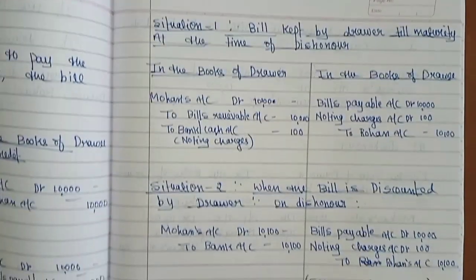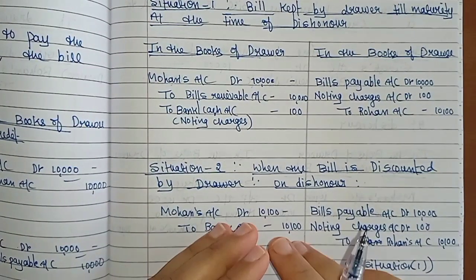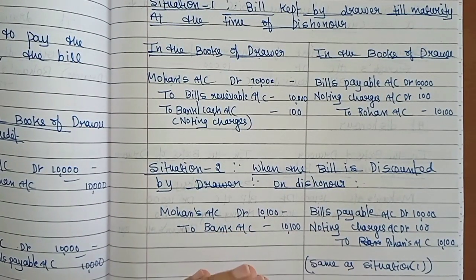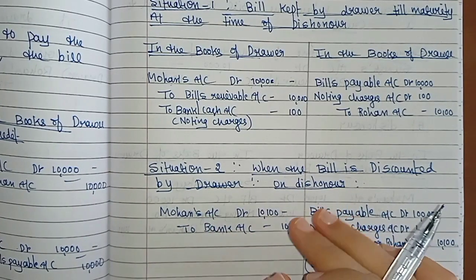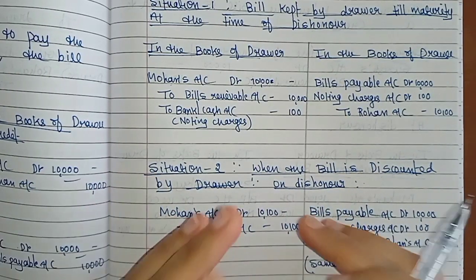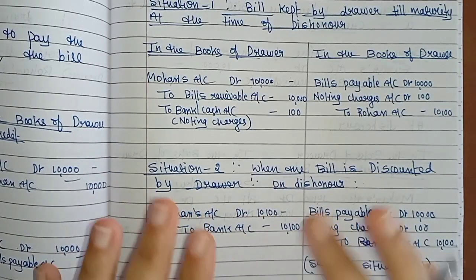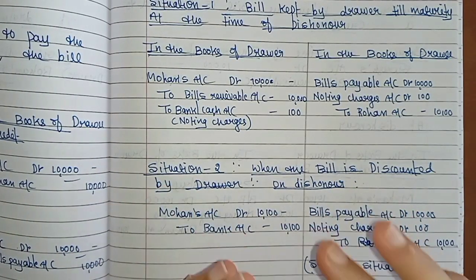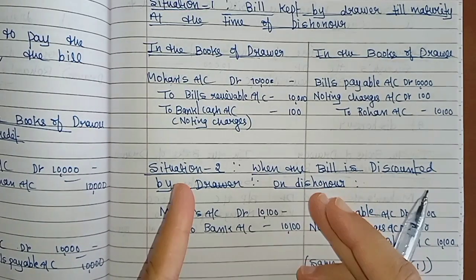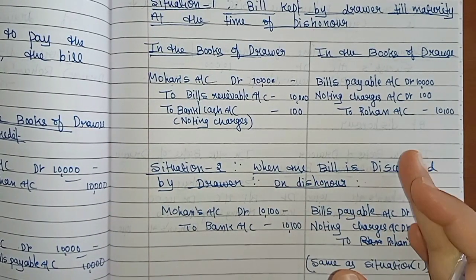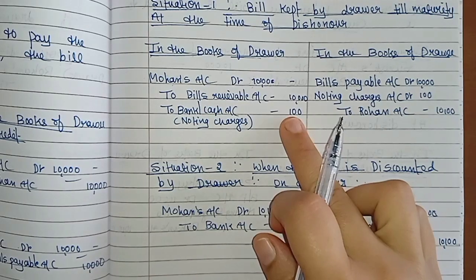Clear? So in our example, Rohan sold goods to Mohan for rupees 10,000 and accepted a bill payable after 3 months. Clear? On the due date, Mohan fails to pay. So to officially record this dishonor, Rohan goes to the notary public, who charges rupees 100.